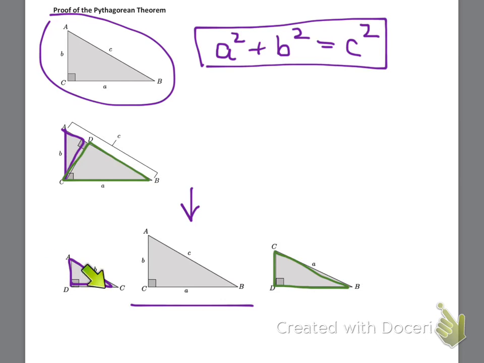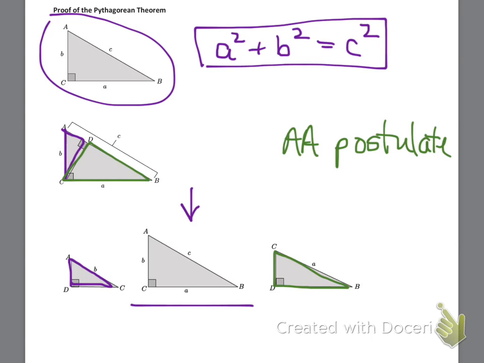So if I want to think about, are these two similar, I could say, well, they both have this right angle. If I can prove that either of these other two angles are congruent, then by the angle-angle postulate, I know that those two triangles are similar.